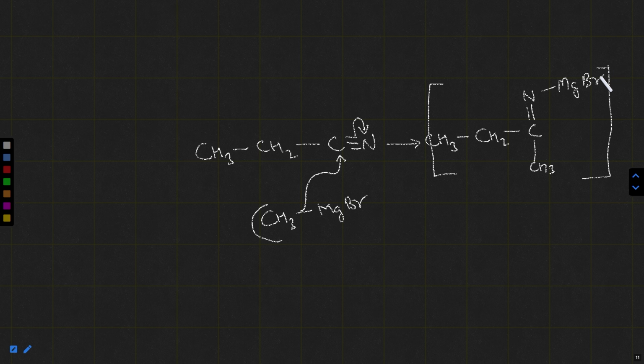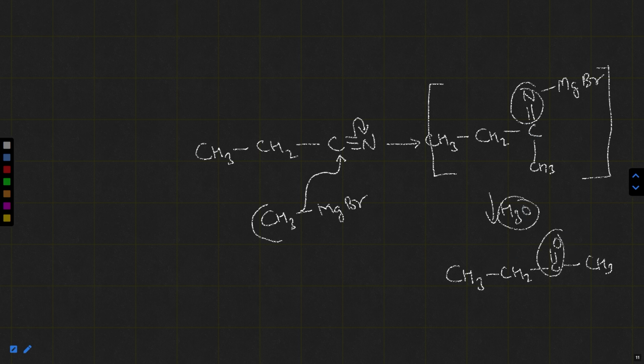Now, I have told you multiple times that as we treat this imine with water in the presence of acid, or if you do acid hydrolysis, it gets quickly converted into your carbonyl group. So I would suggest you remember this reaction, that whenever we treat our C double bond N with H3O plus, it gets converted into C=O.